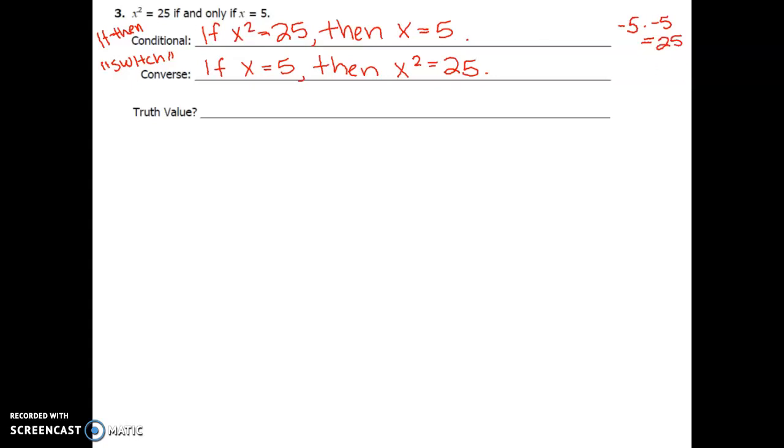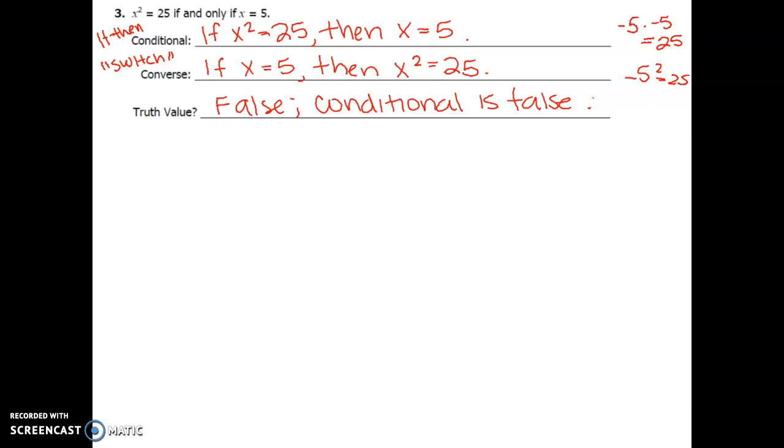So actually here, x isn't only 5. It could also be -5, because -5 squared is 25. So this is not true. This one's false. The conditional is false. So as soon as one of those is false, you can automatically say the biconditional is false because it's only true when they are both true.